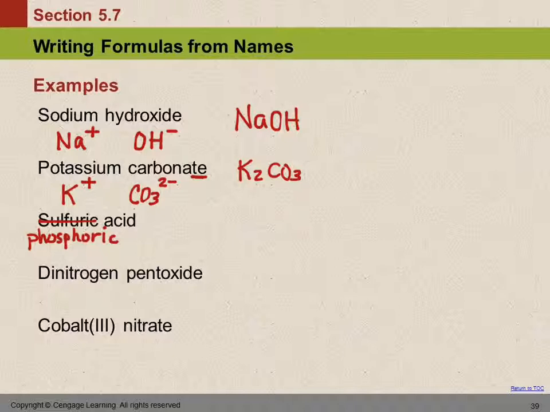We had 2 kinds of acids. The ones that were just basically 2 elements, and the ones that had oxygen in them. Which one is this? This is the one with oxygen. The ones with 2 elements start out with hydro. So if it was hydrophosphoric acid, then it would just be hydrogen and phosphorus. But this is phosphoric acid, and so this is where we change this ending.